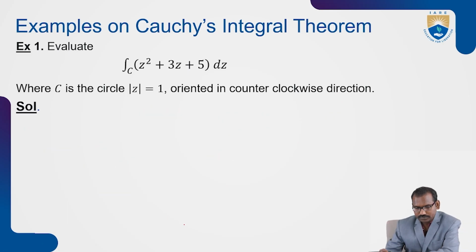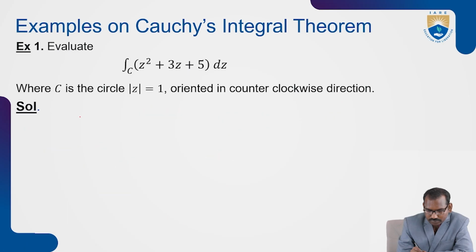Here, f of z is z square plus 3z plus 5, and C is mod z equal to 1. So the integral over C of f(z) dz is 0.